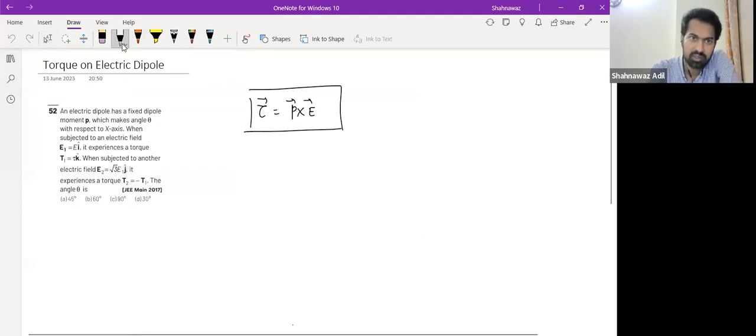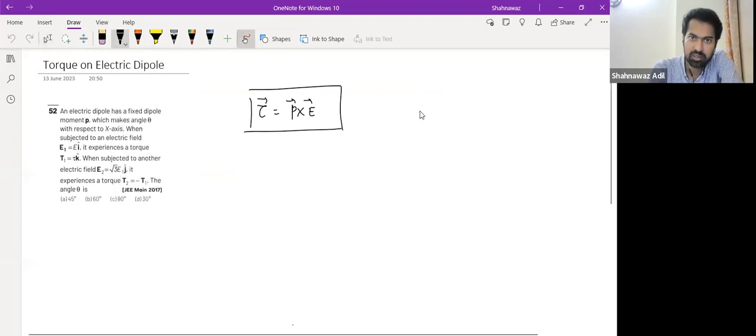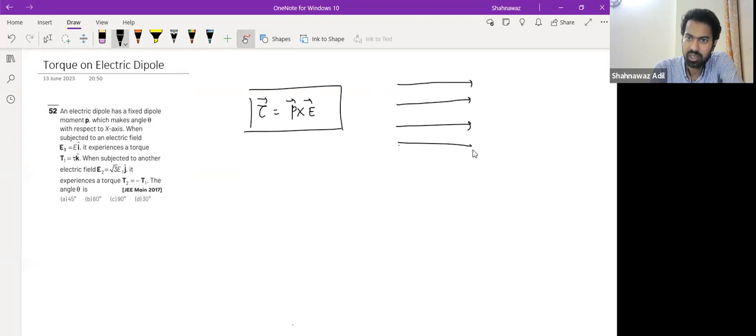We had this electric field and some dipole is placed, and this is the angle theta that it makes. So this will experience some torque. This is the direction of the electric field, and this will experience some torque.